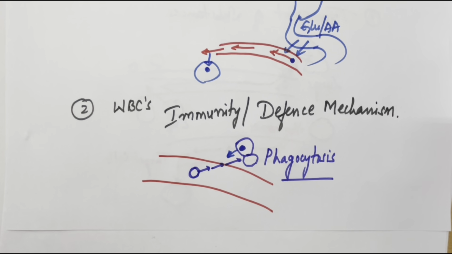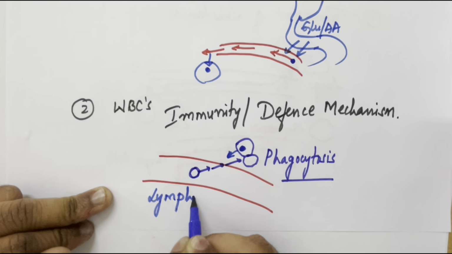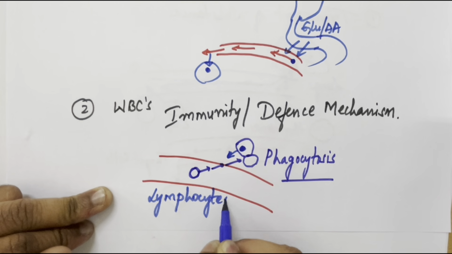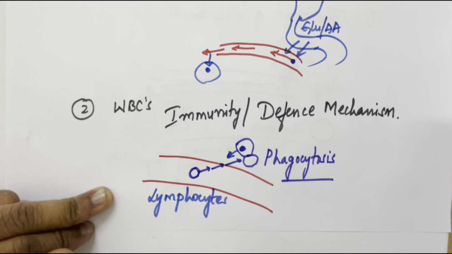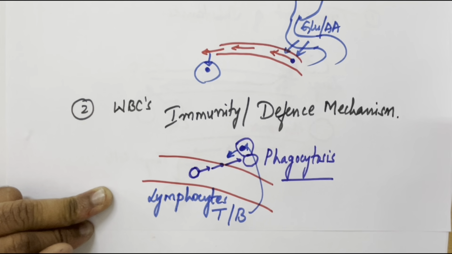And also some of the WBCs like lymphocytes, there are two types, T lymphocytes and B lymphocytes. They attack the organism through immune mediated attack.